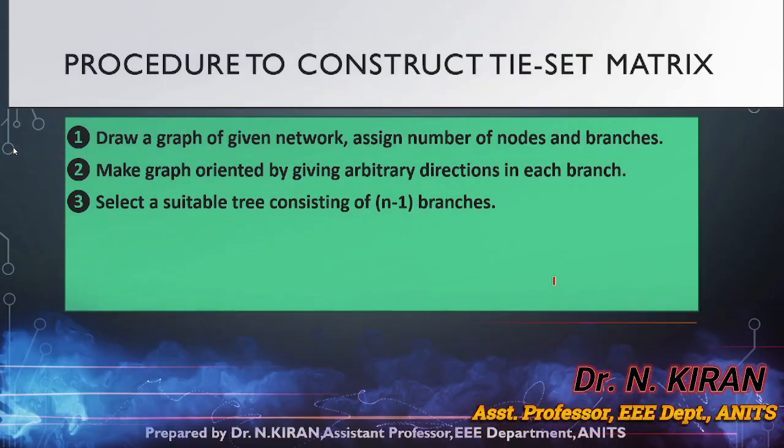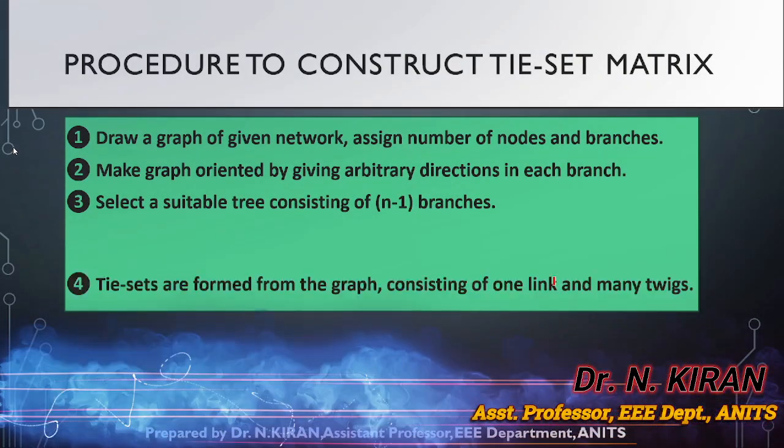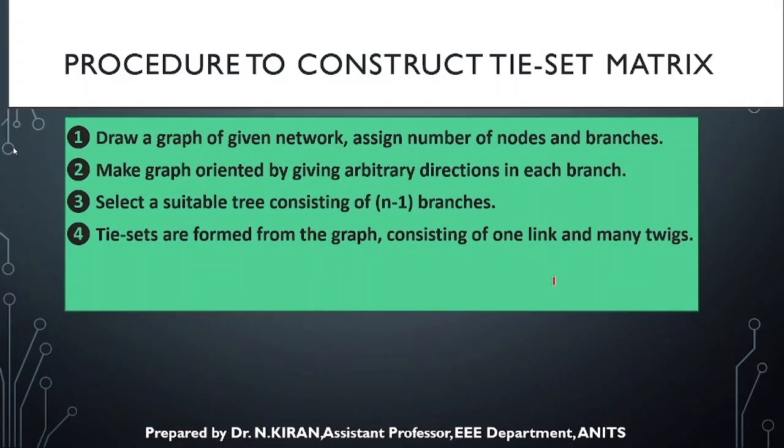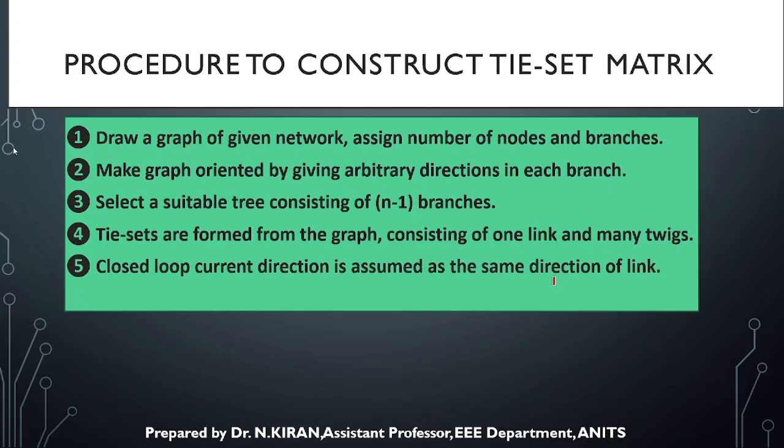Then a suitable tree should be selected containing n-1 branches, and using that condition, that is, a tie set is formed when we consider only one link and any number of twigs, we will form the number of tie sets for the given graph.